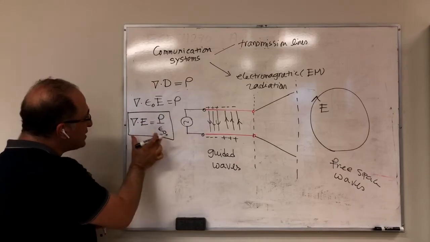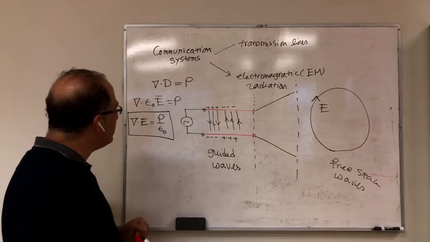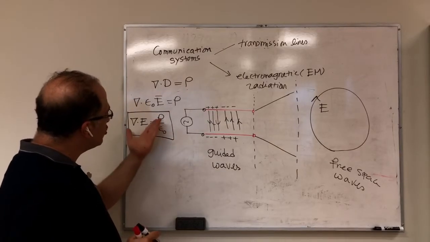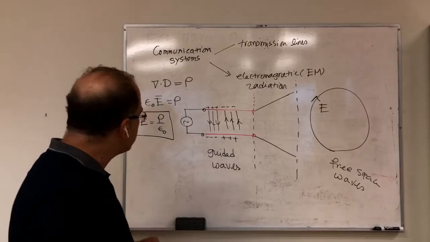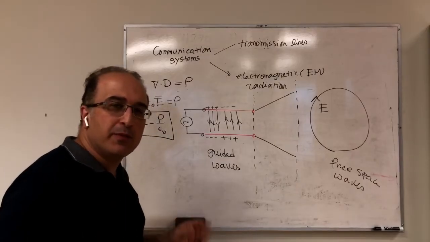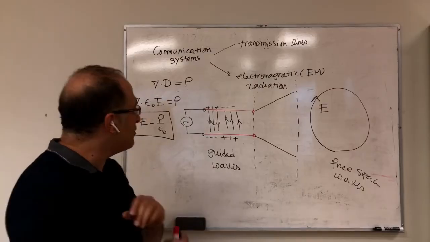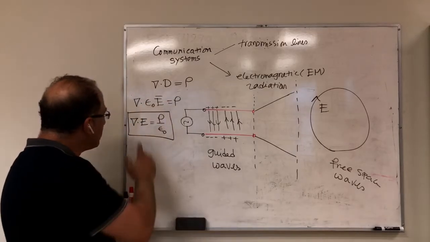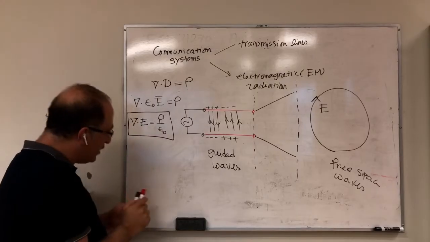Now, let's think about this equation. This equation says divergence of E is equal to charge density divided by the permittivity of free space. If you remember, epsilon naught was the permittivity of free space, 8.85 times 10 to the power of minus 12 farad per meter. But that's not very important at this point. I want you to pay attention to this. What does this equation tell you?